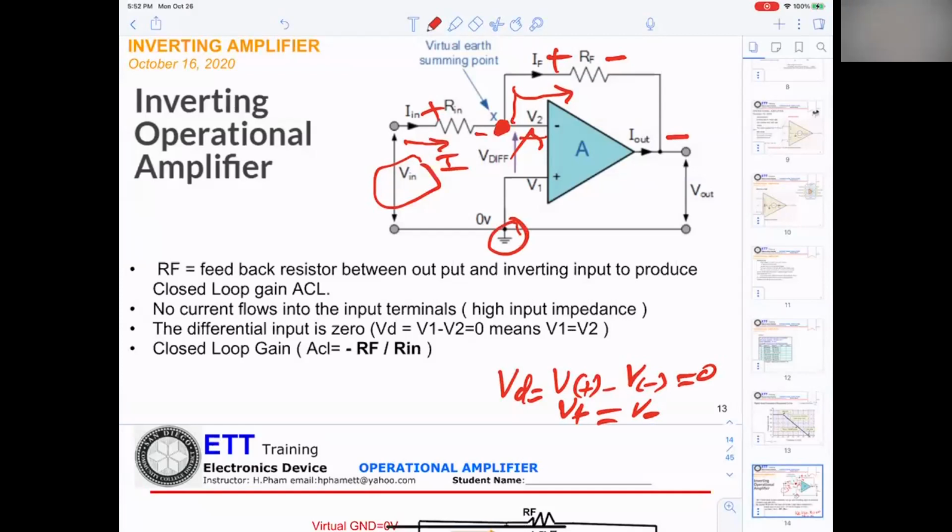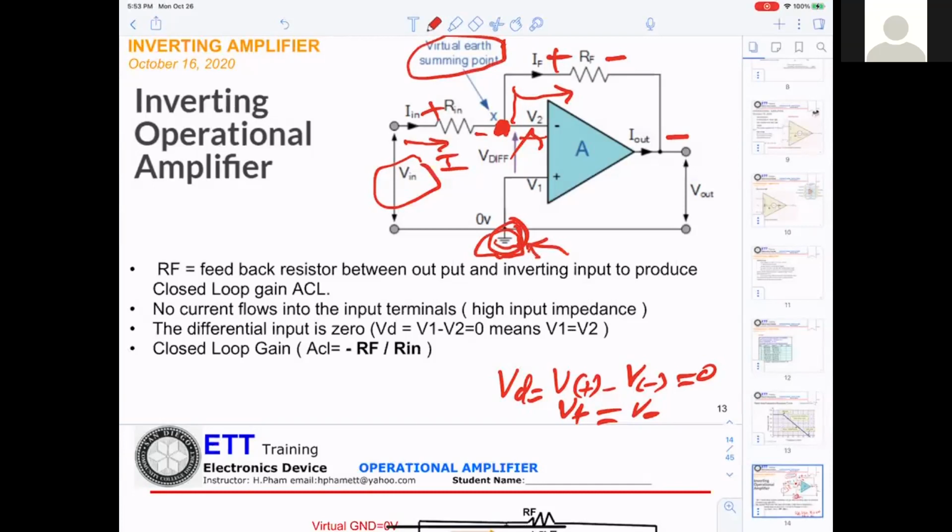However, this one is special in the op amp. They give it a name: a virtual ground. What's the difference between the two grounds? You have one ground here, and also one ground here. What's the name for this ground? Earth ground?